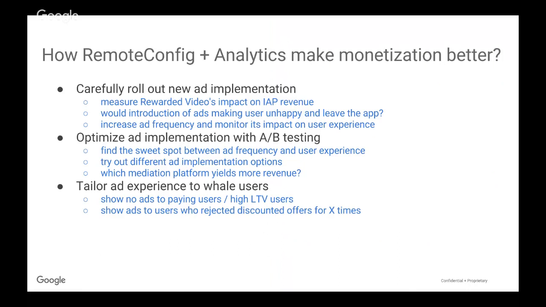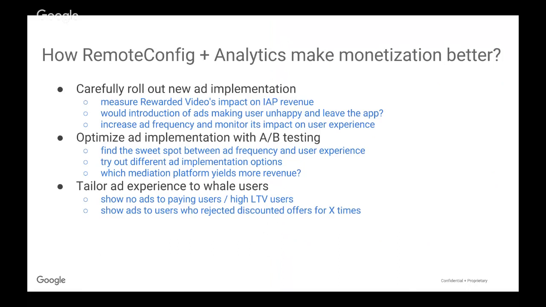And lastly, a very popular use case is tailoring the ad experience to different users. Show ads to paying users, show no ads to paying users, high lifetime value users, show more ads to users who, for example, have rejected discounted offers, let's say, three times. All these kinds of things fit the same workflow with Remote Config and can be done very easily.